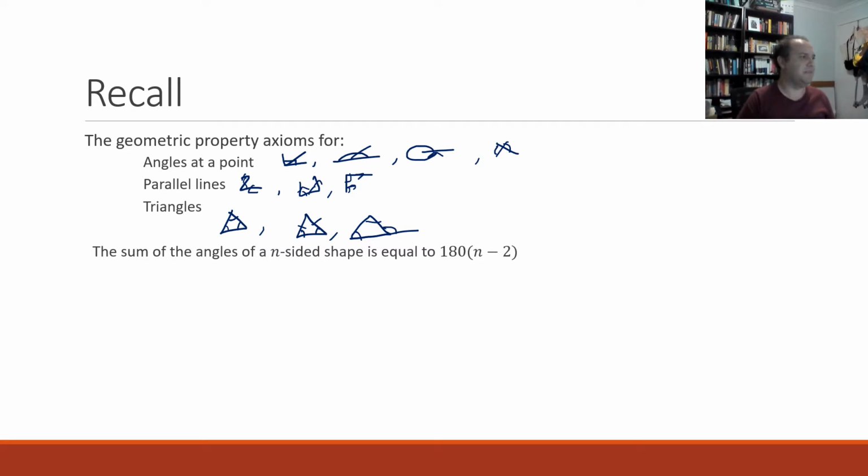Another good thing to remember is that the sum of the angles of an n-sided shape is equal to 180 times (n minus 2) degrees.